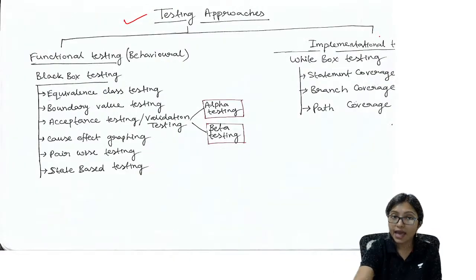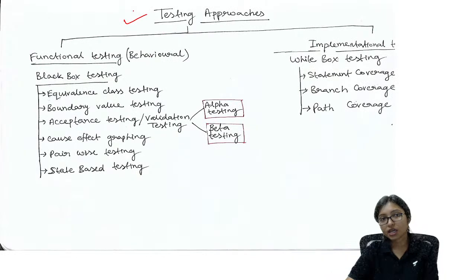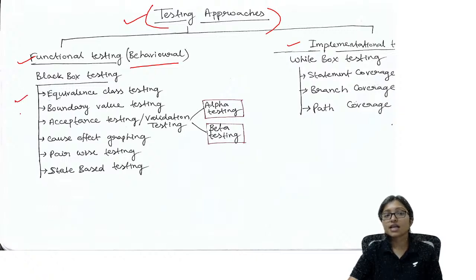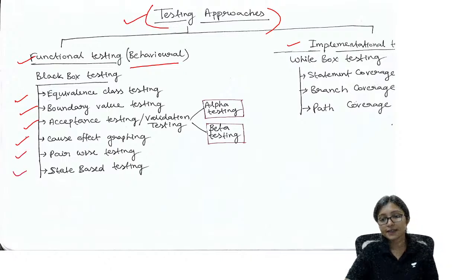When they ask according to the approach, there are two types of approach. One is functional or behavioral, another is implementational. Functional or behavioral means black box testing: equivalence class partitioning, boundary value analysis, exception testing, cause effect testing, state based testing, pairwise testing.